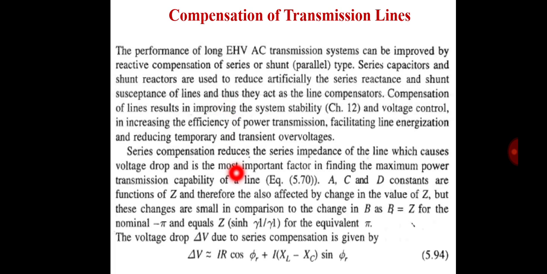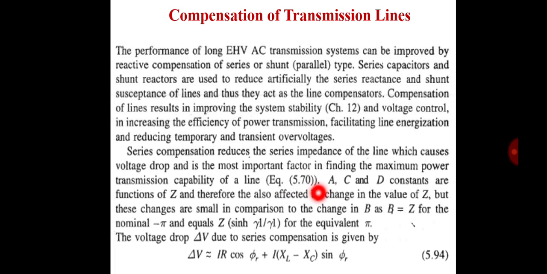Okay, series compensation reduces the series impedances of the line, which cause voltage drop and is the most important factor in finding the maximum power transmission capacity of the line. Equation 5.17.